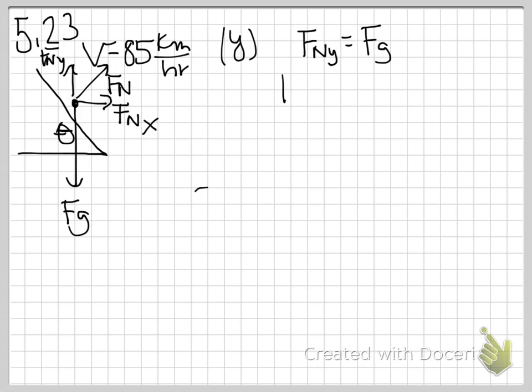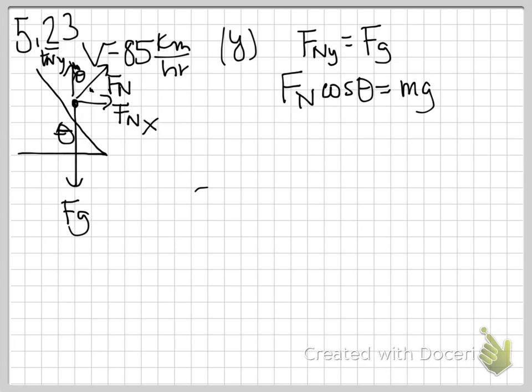Really what that is Fn, now is it sine or cosine? If this is theta, that means this is theta. This is 90 minus theta here. That means this is theta, right there. So Fny is the adjacent side of the triangle over here. So that adjacent side means cosine of theta equals, instead of Fg, I'm just going to put mg.